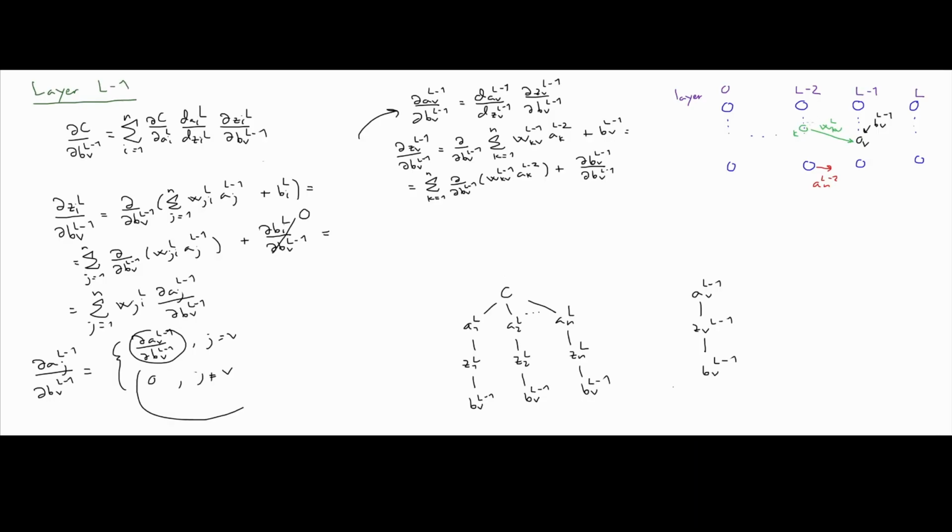So this bias term wouldn't affect, for instance, an arbitrary activation a_k^(L-2). This results in this derivative becoming 0, which means this partial derivative becomes 1, because this term was 1.